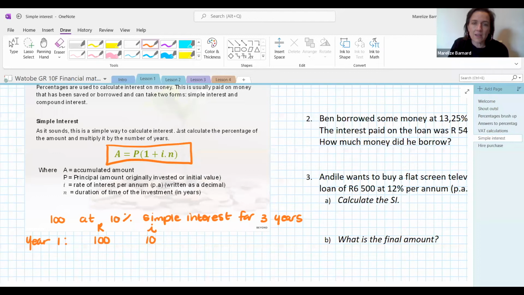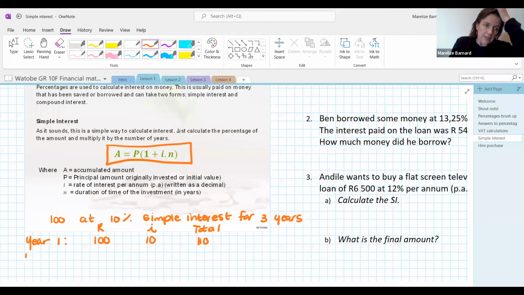That's right. You just go 0.1 times 100. So how much money have you got in total at the end of that year? At the end of that year, you've got the 100 you put away, and you've just earned 10 Rand interest. So how much do you have at the end? 110. Okay.